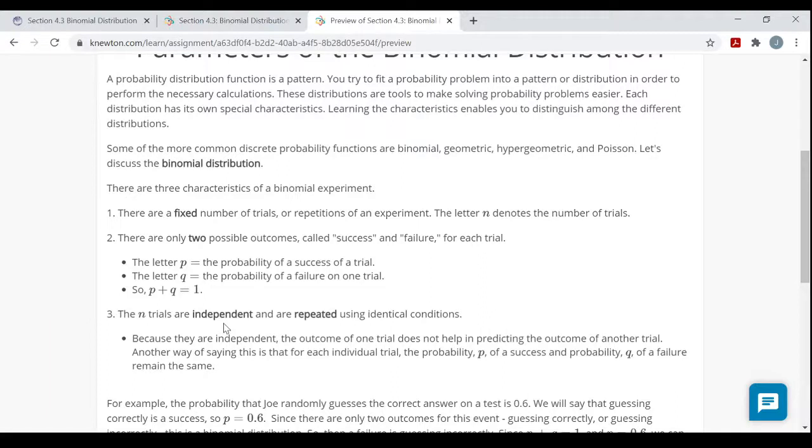Independent meaning the outcome of one trial has no effect whatsoever on the outcome of the next trial. All n of the trials are independent and are repeated using identical conditions. So basically every single trial you're starting again, doing the same exact thing again. An example of this would be flipping a coin 20 times.